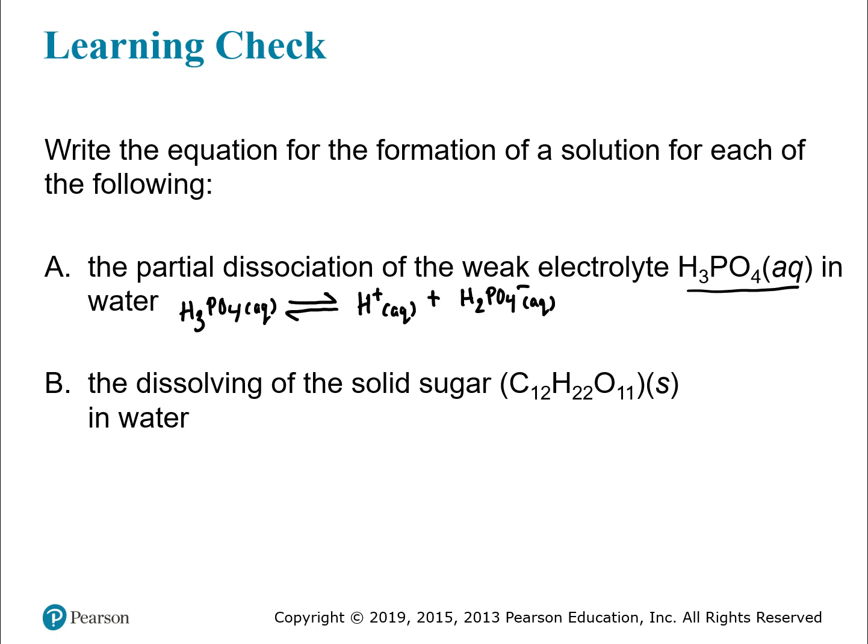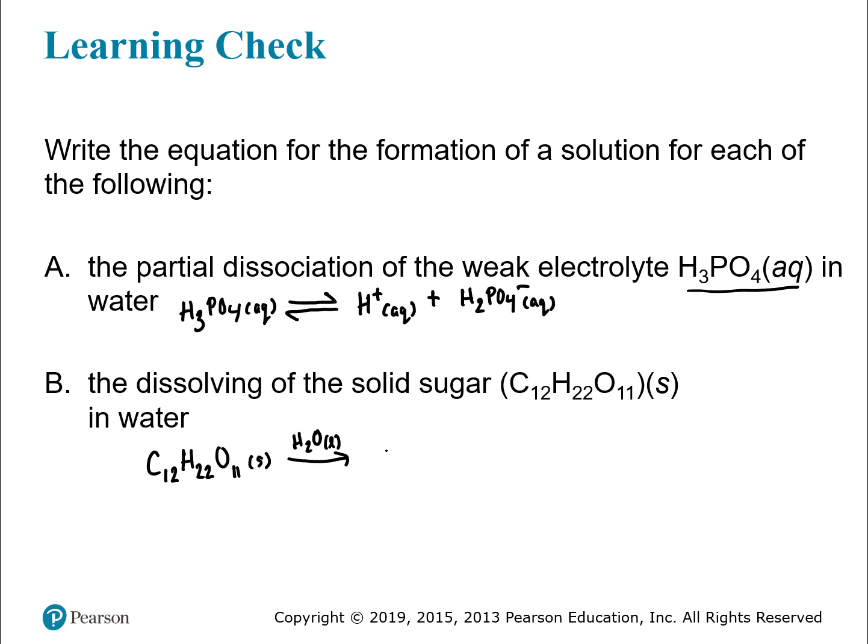For B, we have solid sugar dissolving in water. When you have a solid and it's being dissolved in water, remember to write that water above the arrow.